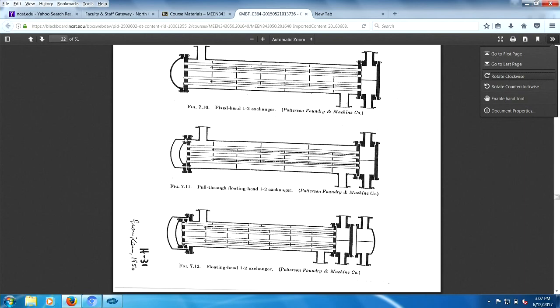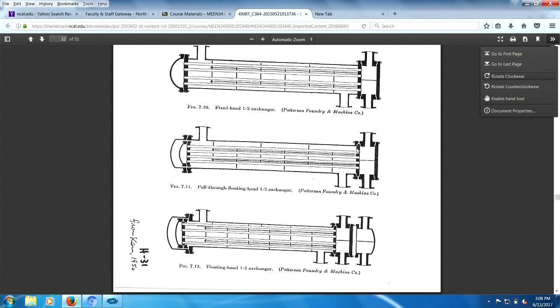I remove this back channel covers, these two. And the tubes would be open for me to clean them, right? The problem is the shell wouldn't be open to clean that easily. Cleaning the shell is tough. So in this case, I could pull the bundle.